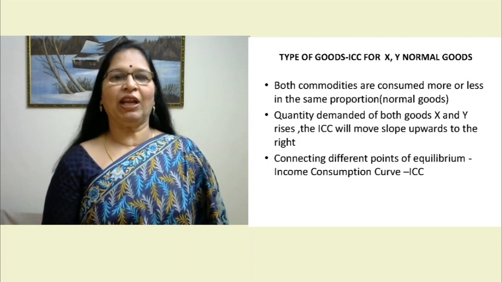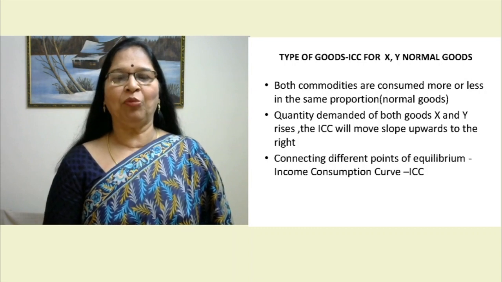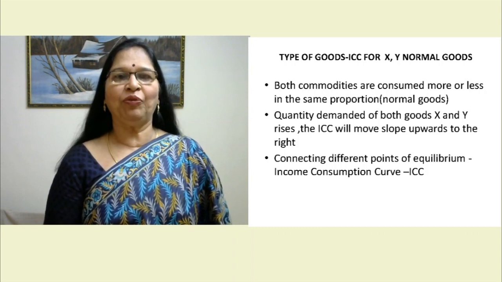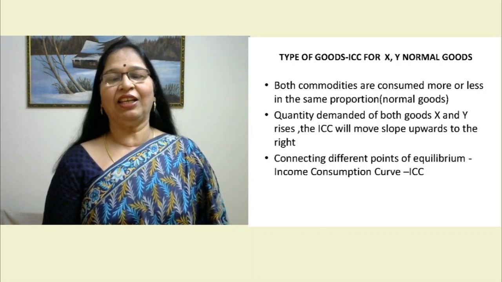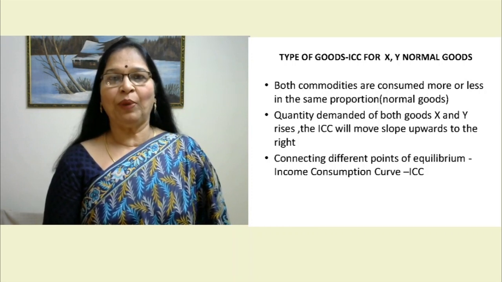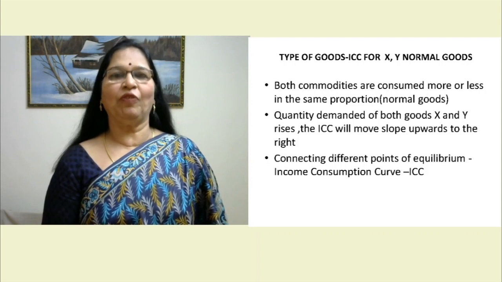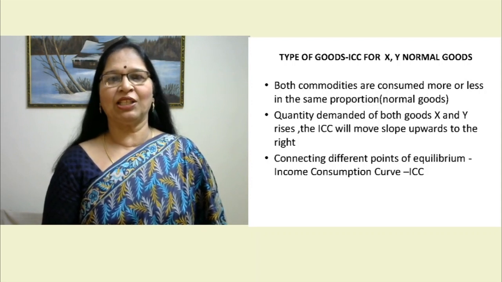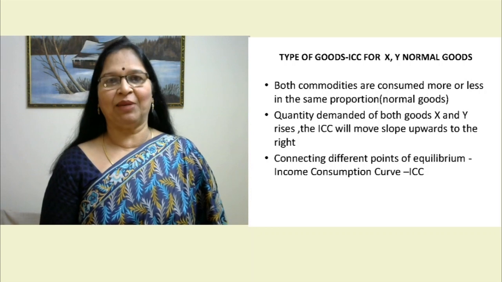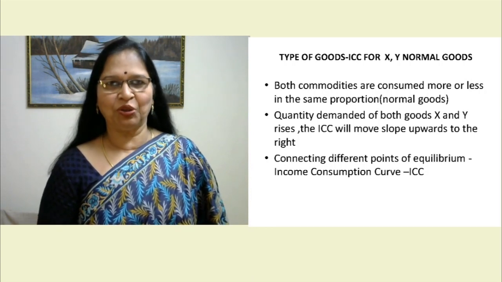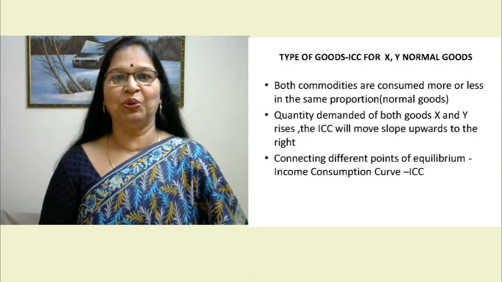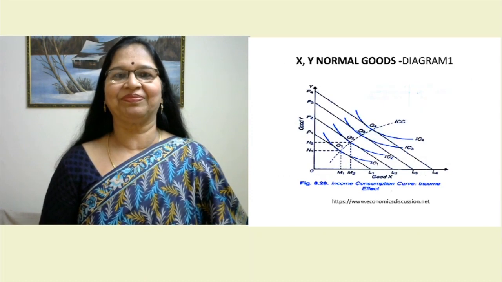If it moves to the right, the consumer will also buy more of goods, and therefore we get a higher indifference curve, and thereafter another higher indifference curve, and so on. So when we connect these points of equilibrium, we get what is known as the income consumption curve. I'm sure you could draw it on your own. Nevertheless, let me show you how it is done.